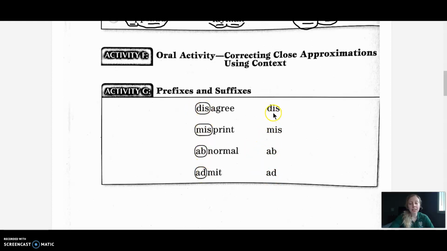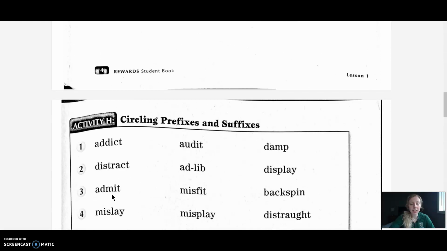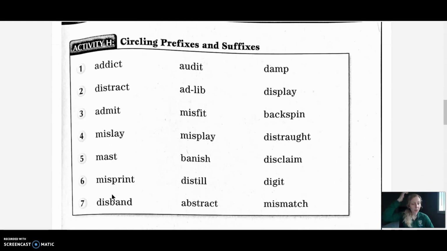So the prefix is disagree, misprint, abnormal, admit. Go ahead and pause the video. I want you to read these prefixes on your own and read them in these words.